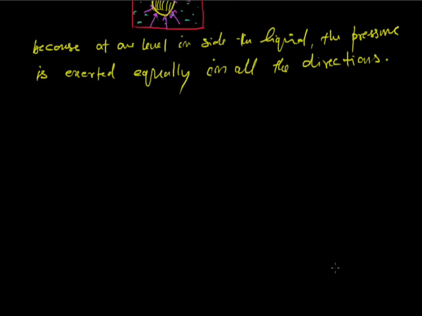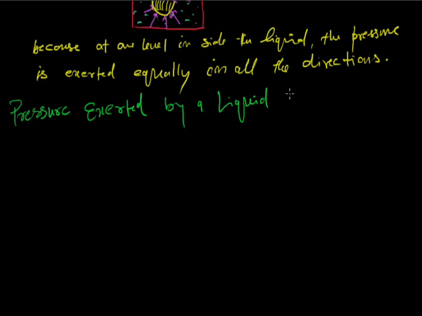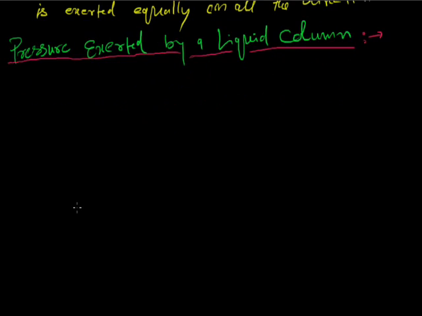Now, our next topic is pressure exerted by a liquid column. Pressure exerted by a liquid column. To express the pressure exerted by liquid column, we consider a tub which is full of water.